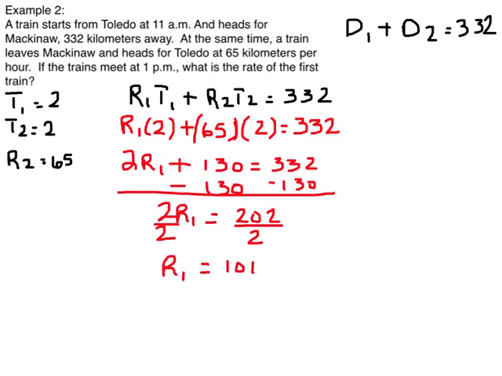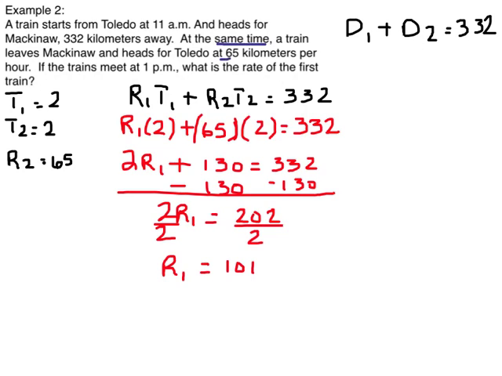In example 2, a train starts from Toledo at 11 a.m. and heads for Mackinac, which is 332 kilometers away. At the same time, all right, so they're going to have the same time, a train leaves Mackinac and heads for Toledo at 65 kilometers per hour.